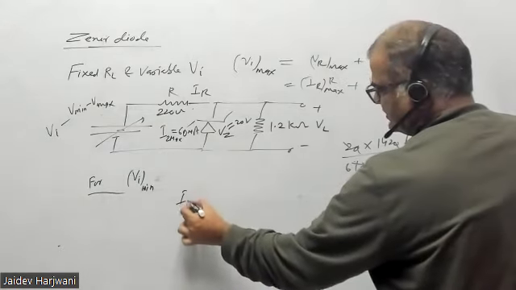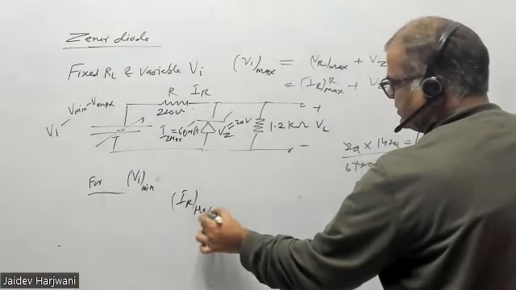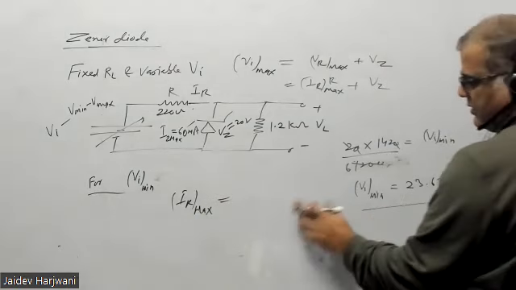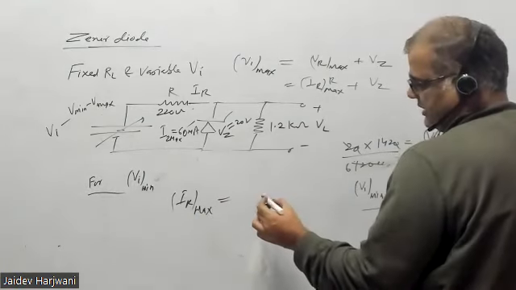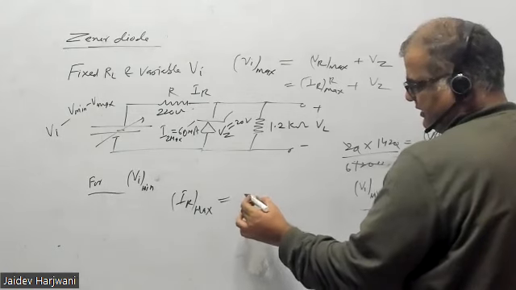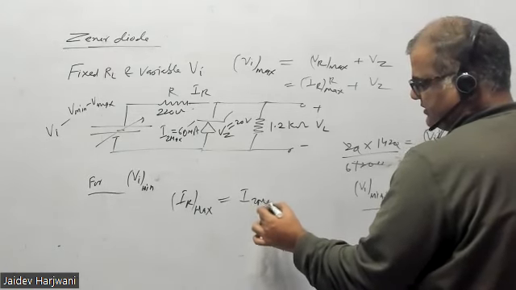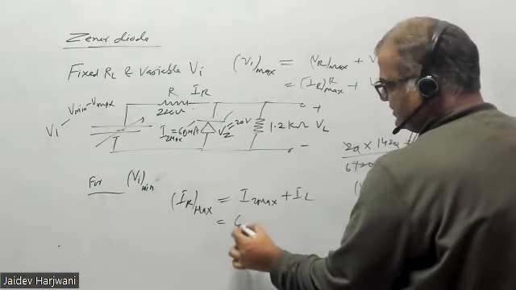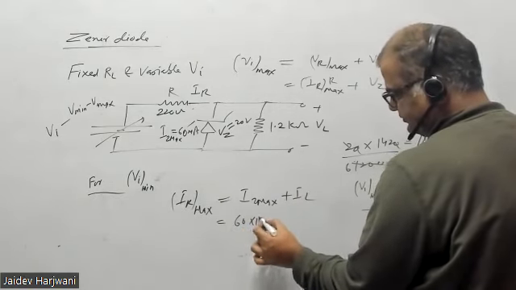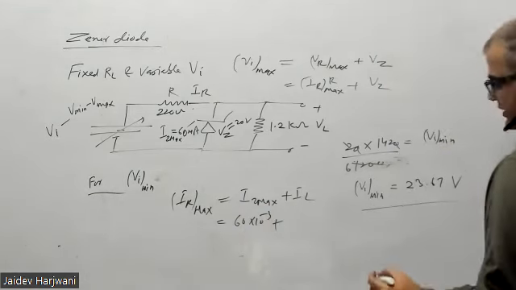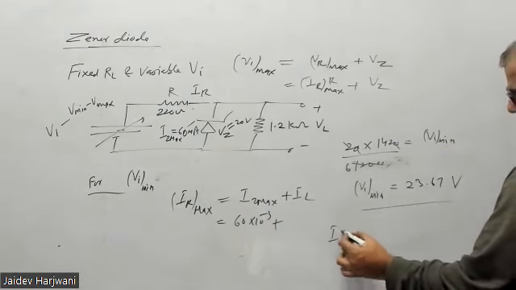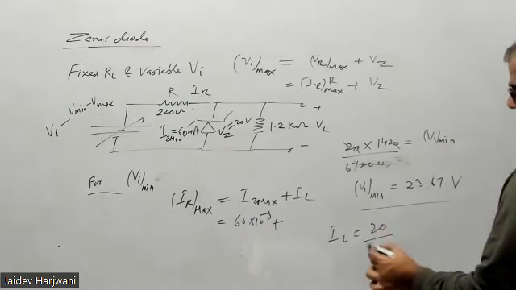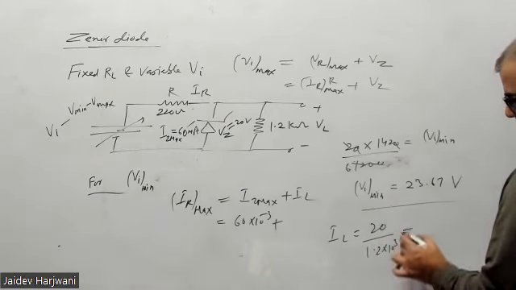So IR max will be what? IZ max plus IL. IZ max is given as 60 milliampere, and IL will be how much? IL will be 20 volt divided by 1.2 kilo ohm.